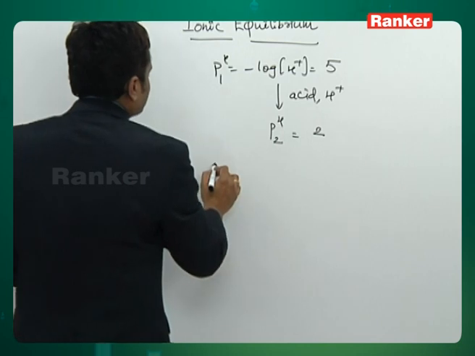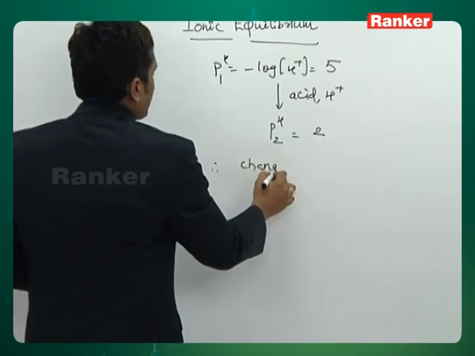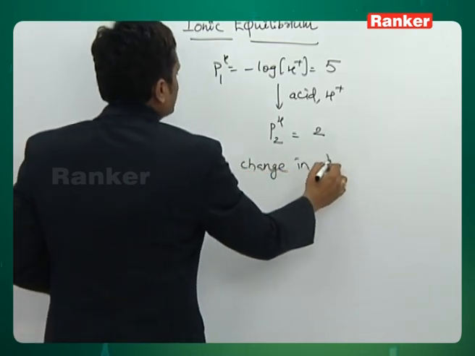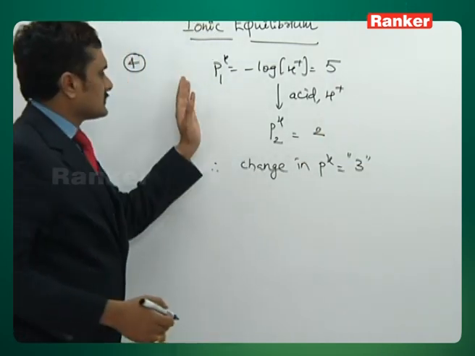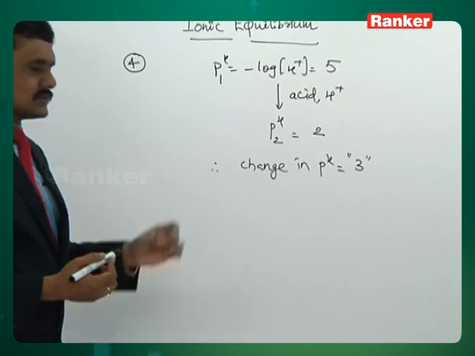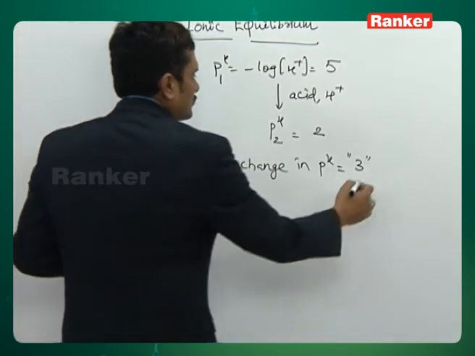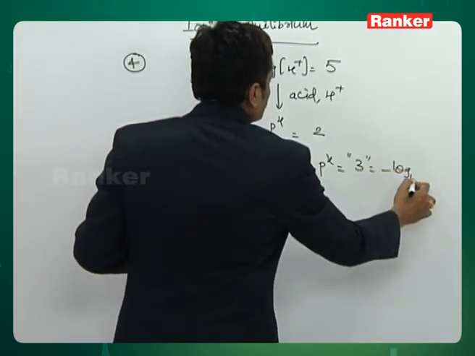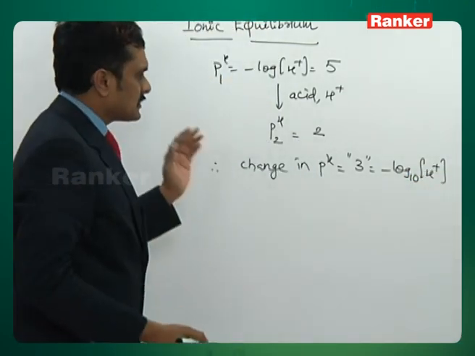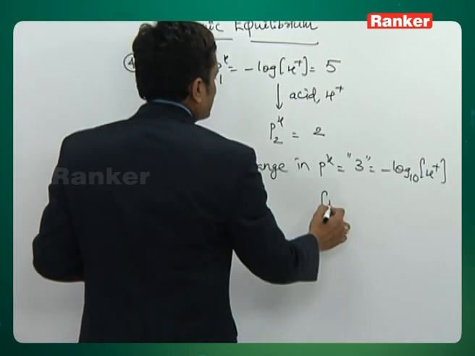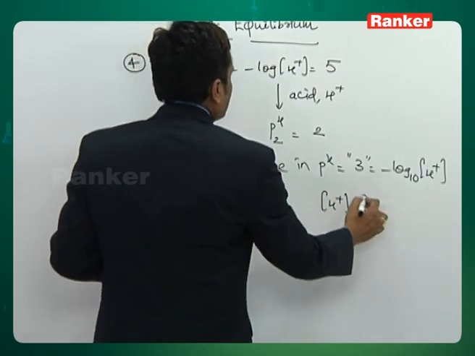So therefore, the change in pH is by 3 units, that is pH 1 minus pH 2 is 3 units. By writing it equal to the concentration of H plus ion, we can see that the concentration of H plus ion turns out to be 10 to the power minus 3 molar.